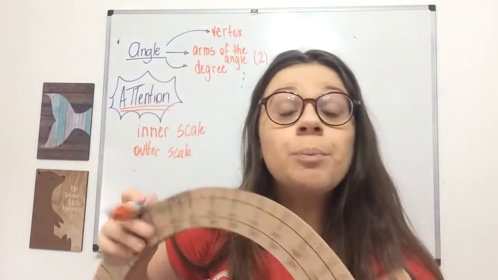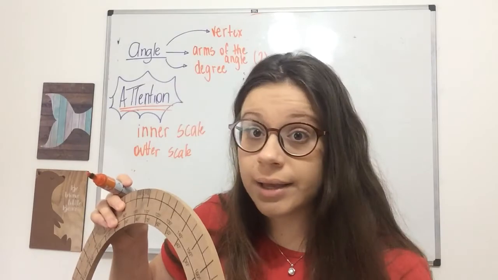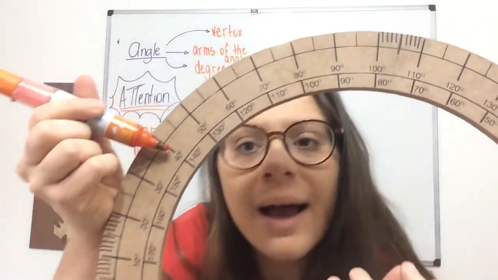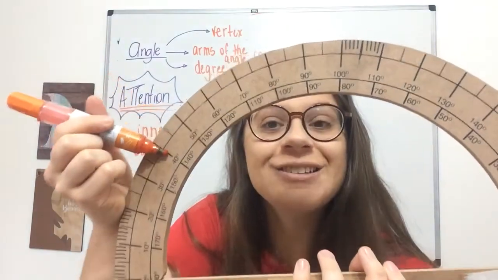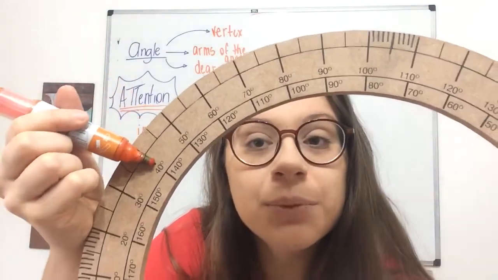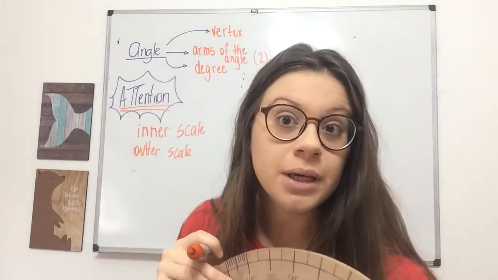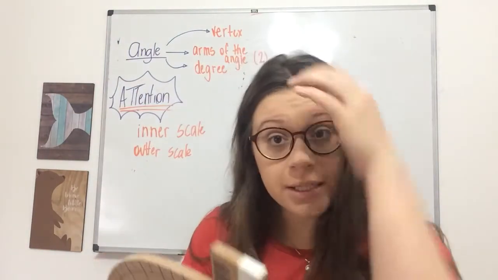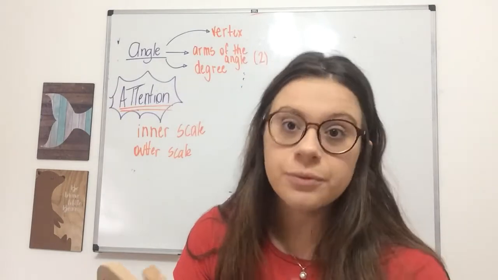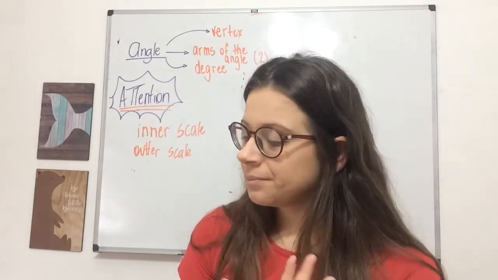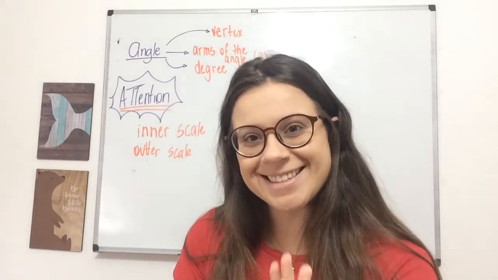And we need to make sure we are paying attention to that, because it doesn't make sense that I am trying to build a 40-degree angle, but then I end up with 140. So we need to be careful with the scale that we are using, and to be careful with the scale, we need to be careful with the zero. Okay, we have to follow the zero. Just paying attention, it's easier.